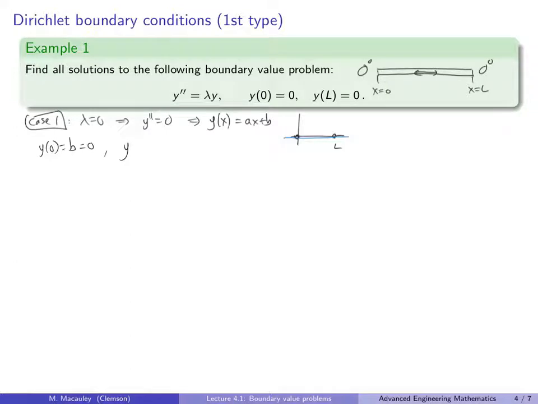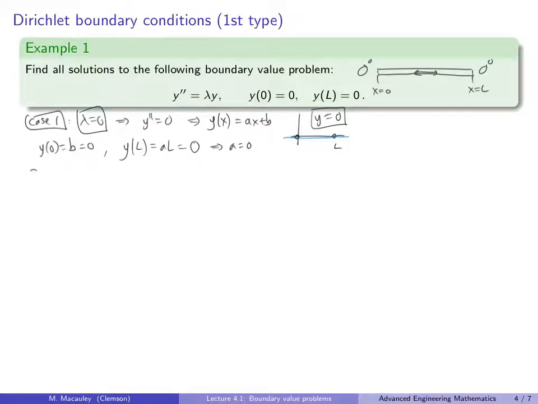And then, so b is 0, if you plug L in here, you get y of L equals a times L, and that is equal to 0. That tells us that a is 0, because L is different from 0. So we get right away that y equals 0. So there are no non-trivial solutions to this boundary value problem if lambda is 0.